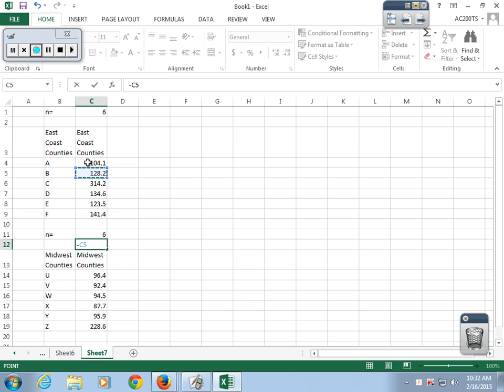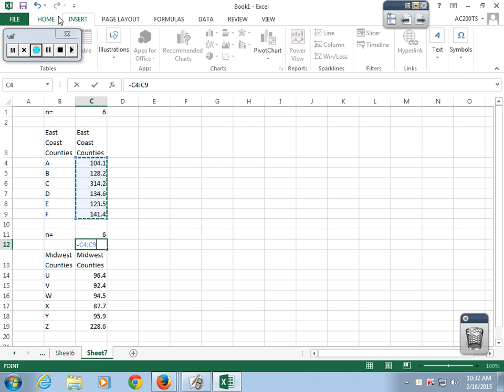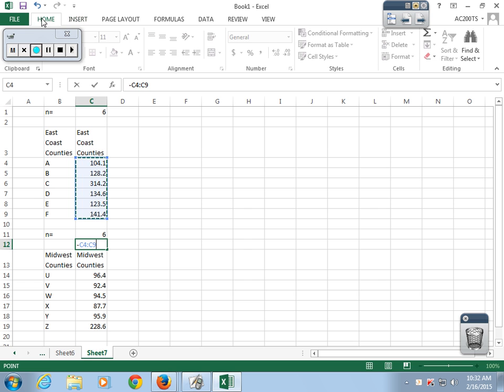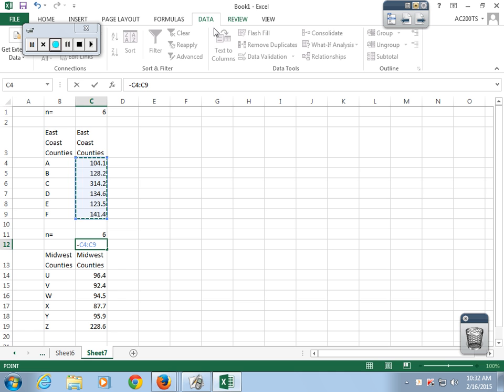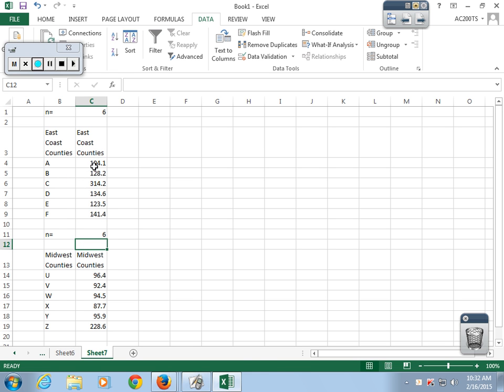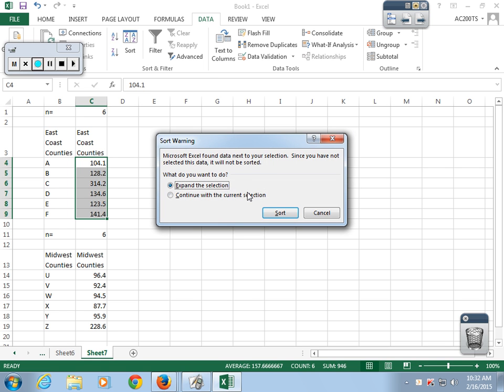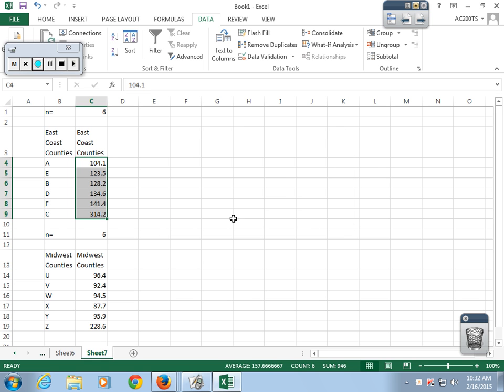Highlight this area right here and sort. Make sure you expand the selection so it'll keep the letter with it.